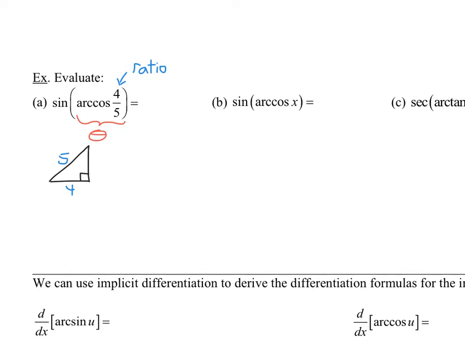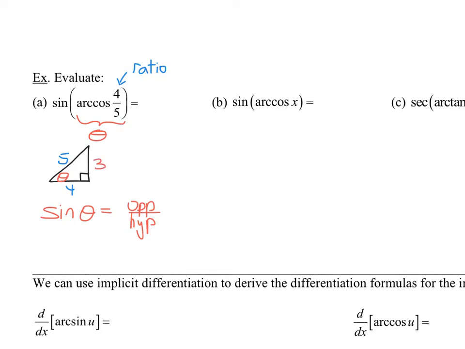What I need is the sine of theta. That theta being right here. All right, the sine of theta is opposite over hypotenuse. So if that's the case, in that triangle, I need the opposite side, which would be what? 3.